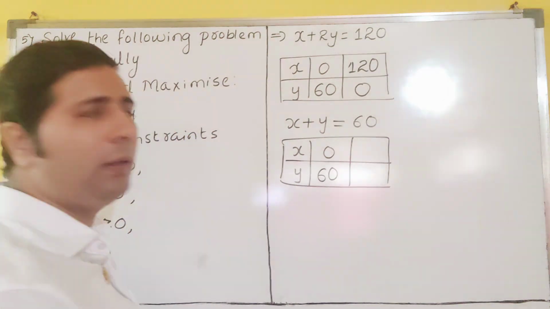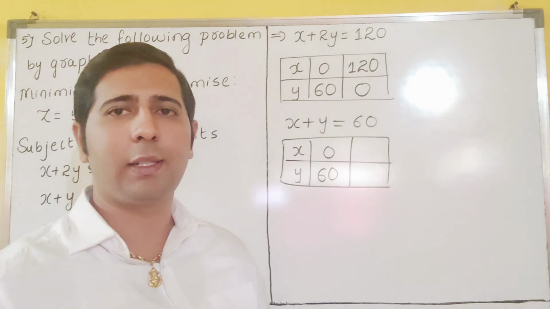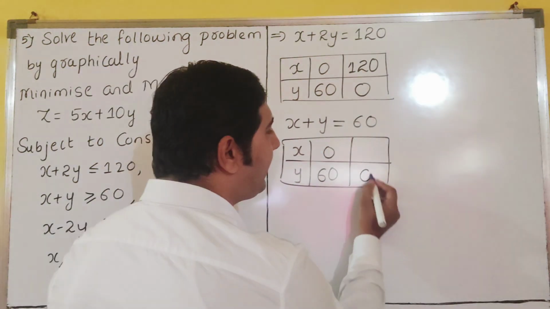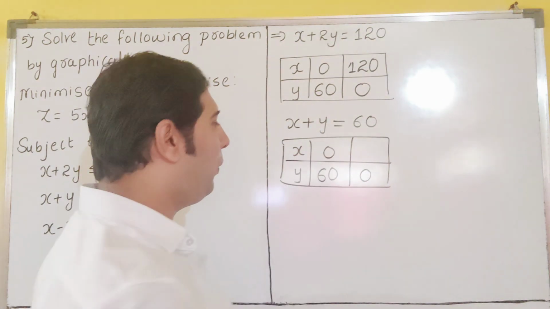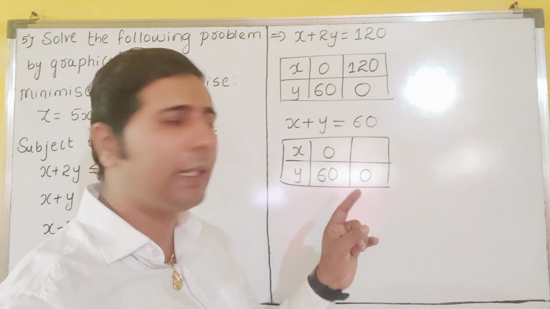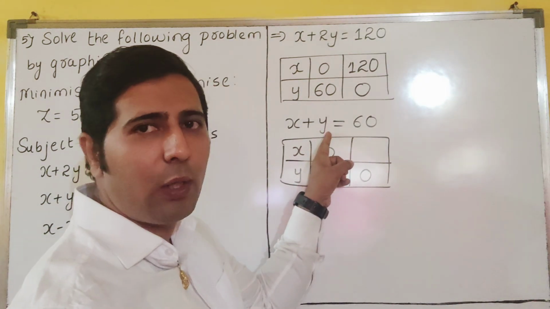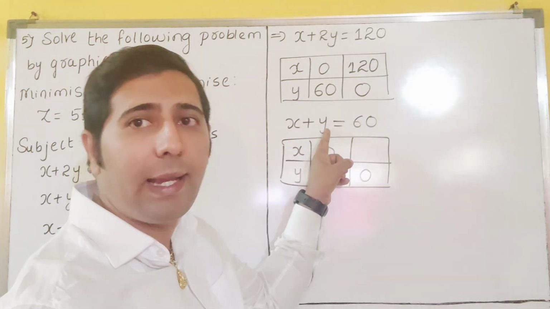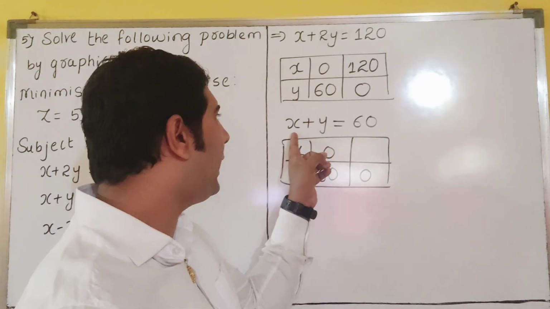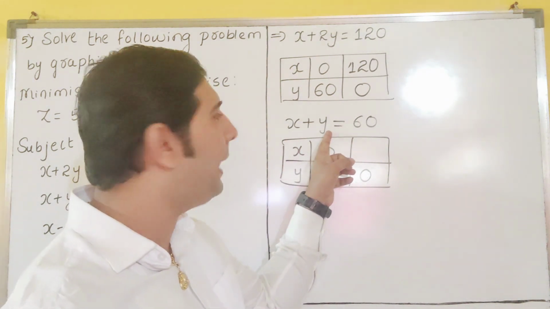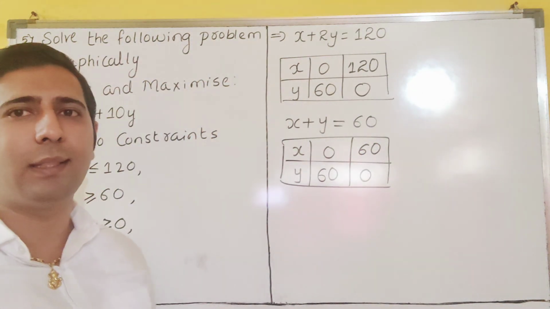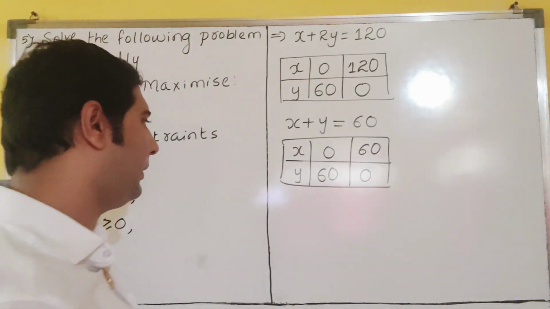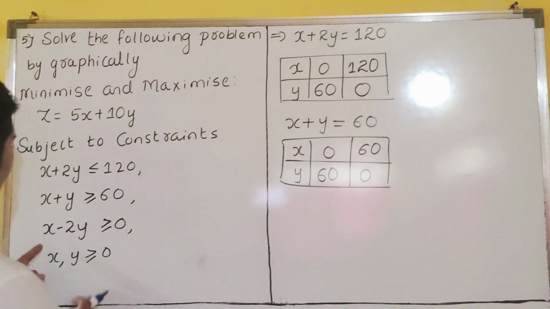Now keep the y value as 0. If you keep y as 0, x + 0 is x, it does not become 0. x is equal to how much? 60 you got, dear students. Understood? This is simple, that's why I have not shown more simplification. I hope you will understand.